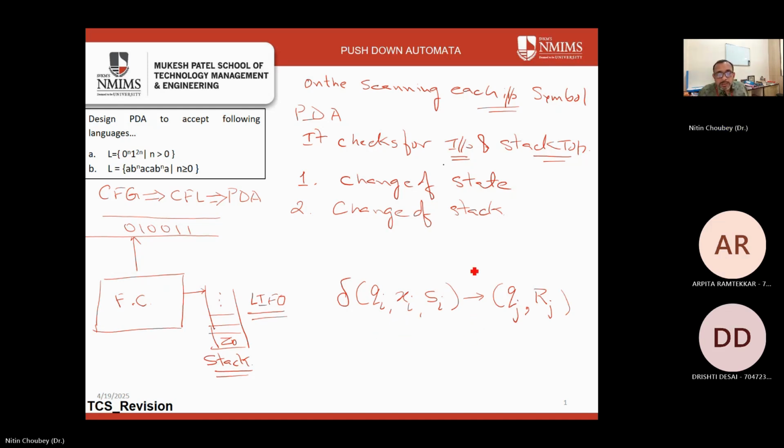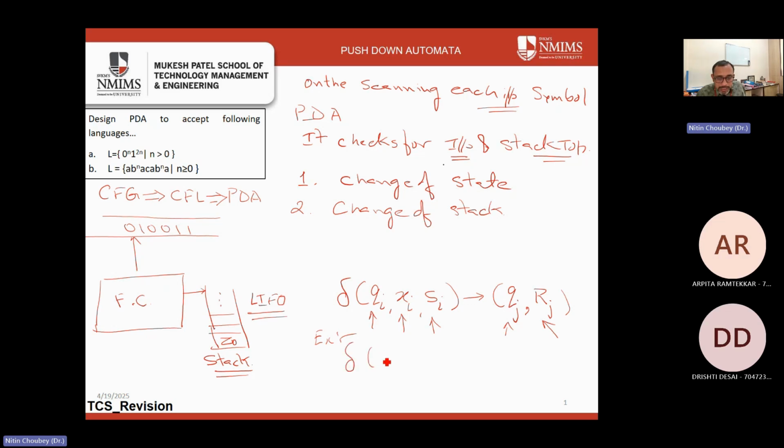Okay. So what is required here is the current input, the current stack top, and the current state. Based on that, it decides what would be the next state and what would be the replacement symbol on the stack, whether this stack top should be removed or some other symbol can be pushed onto the stack. I will take one example of how it can be visualized.